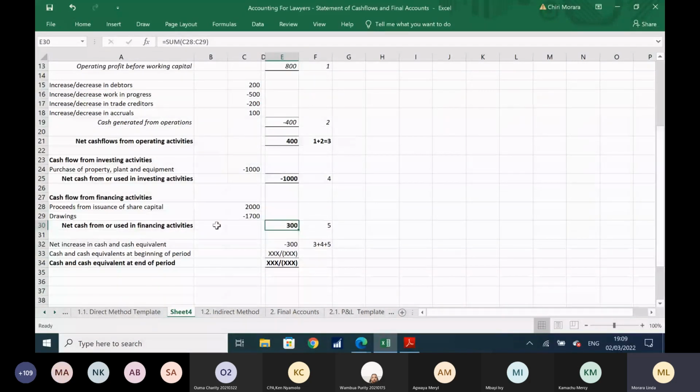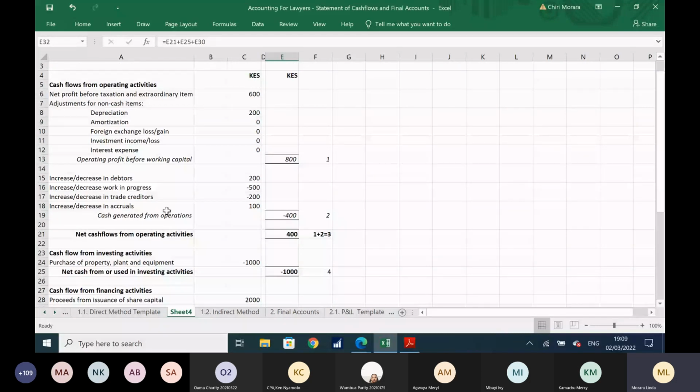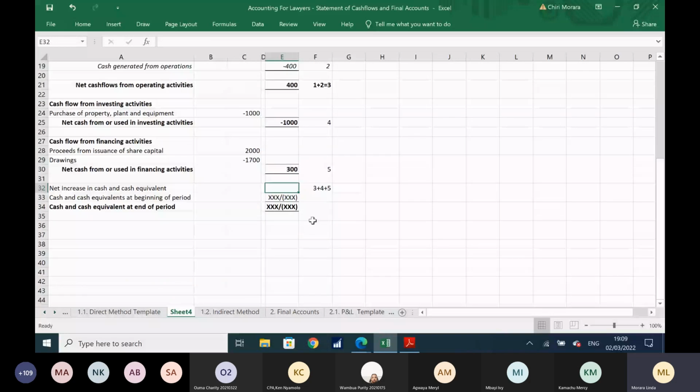So to get your net increase, you're just adding the totals, because we said we have 3 categories: operating, investing, and financing. What total did we have for financing?